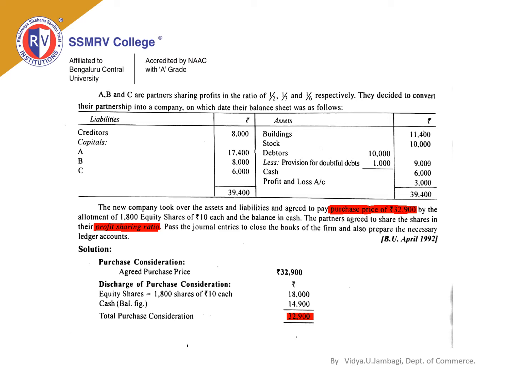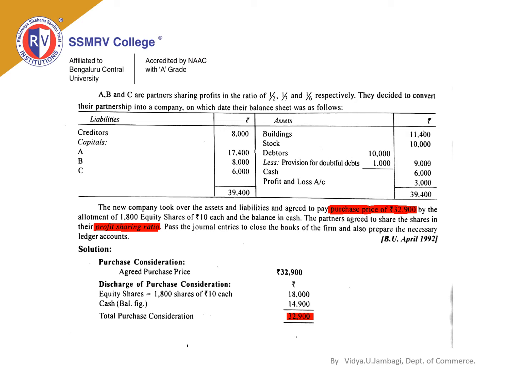One important aspect in this problem is the shares which are allotted by the purchasing company. In the absence of any particular instruction in the problem, they are distributed among the partners in their final claim ratio, which we have also seen in our previous two problems. But here in this problem, they have specifically given us the instruction saying the shares are to be distributed in their profit sharing ratio.